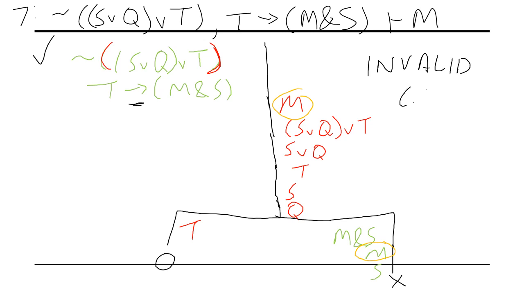We have a counter example, and we have S, Q, T, M. Going back through, I see a T that is false, I see a Q that is false, I see an S that is false, and I see an M that is false.